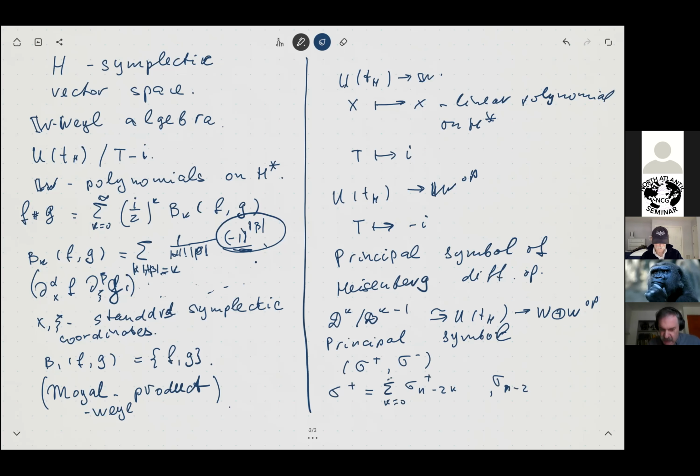Actually, I shouldn't use n because it's the dimension, so let me use another letter. A polynomial can be broken into the sum of its homogeneous components.